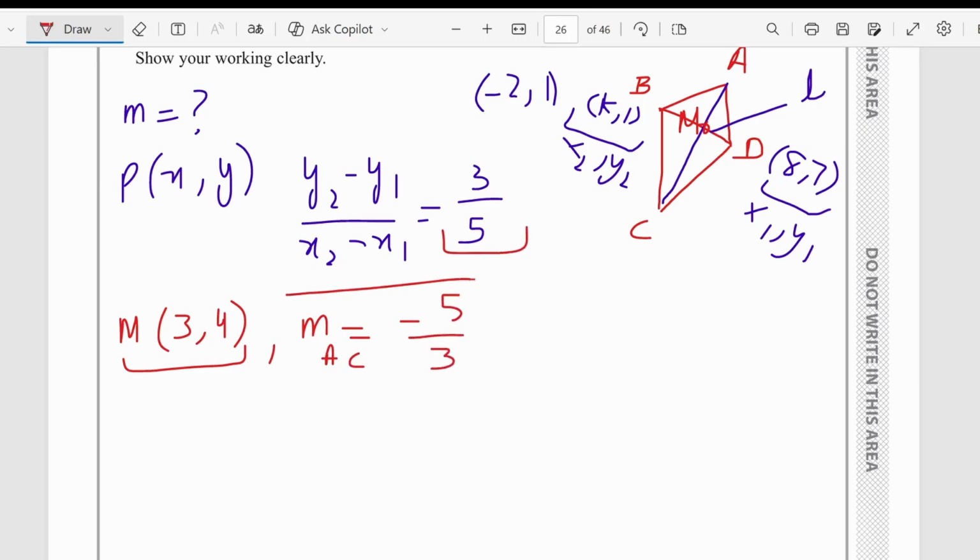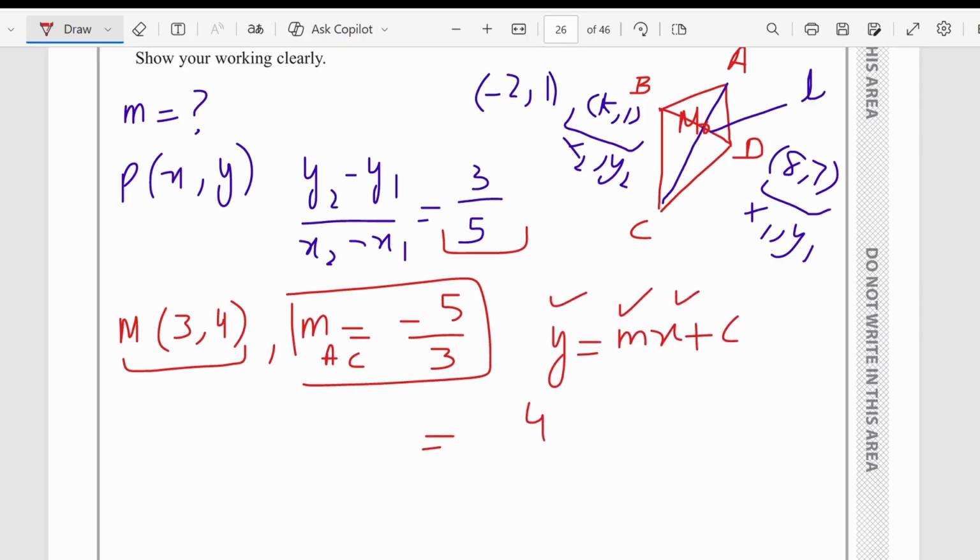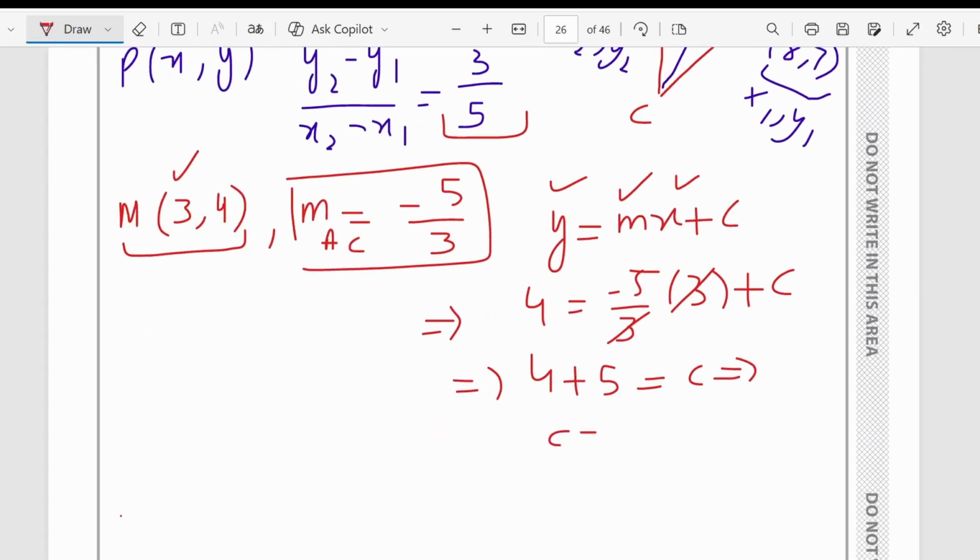Now we use the general equation of a straight line, y equals mx plus c. We have m and the point, but c is missing. So by substituting the point, with m as minus 5 over 3 and x as 3, the 3 will be cancelled out, so we have 4 plus 5. The value of c is 9.